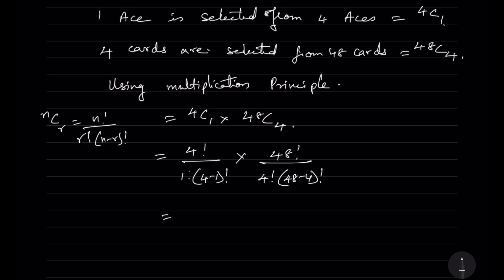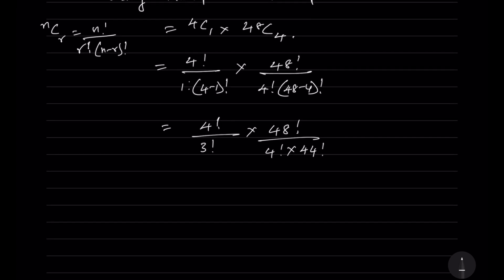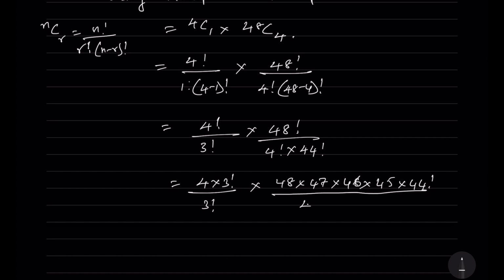So which is equal to 4 factorial by 3 factorial into 48 factorial by 4 factorial into 44 factorial. So which is equal to 4 into 3 factorial divided by 3 factorial into 48 into 47 into 46 into 45 into 44 factorial divided by 4 factorial, which can be written as 1 into 2 into 3 into 4 into 44 factorial.